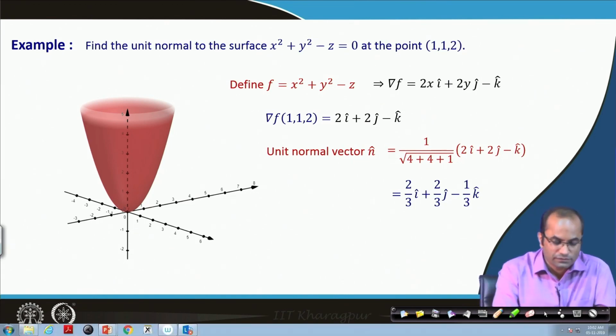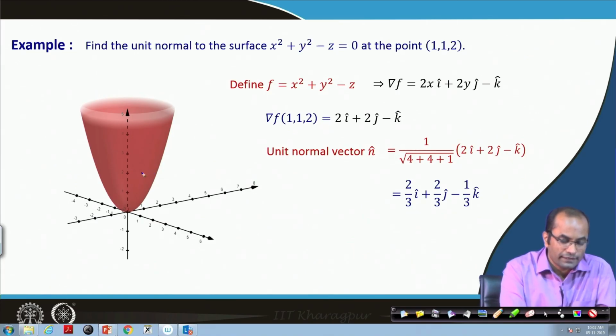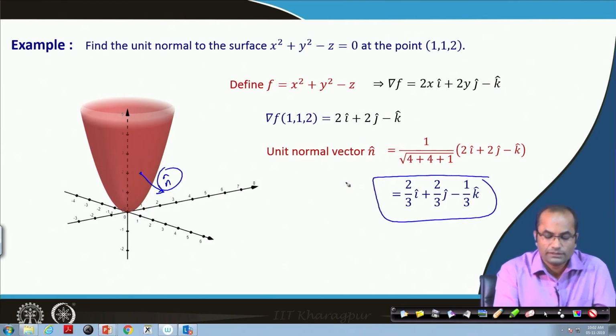If we consider the situation here, like 1 in the direction of x and y, there is some point 1 1 2 somewhere there, and at this we have this normal vector. So, we have the unit normal vector on this surface, and this is in the outward direction.